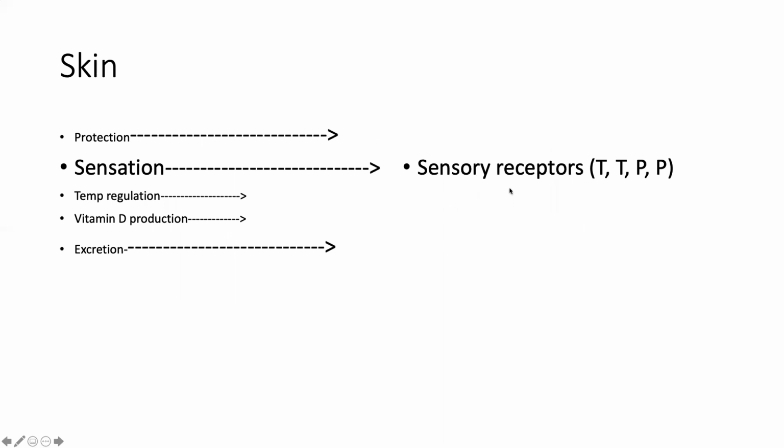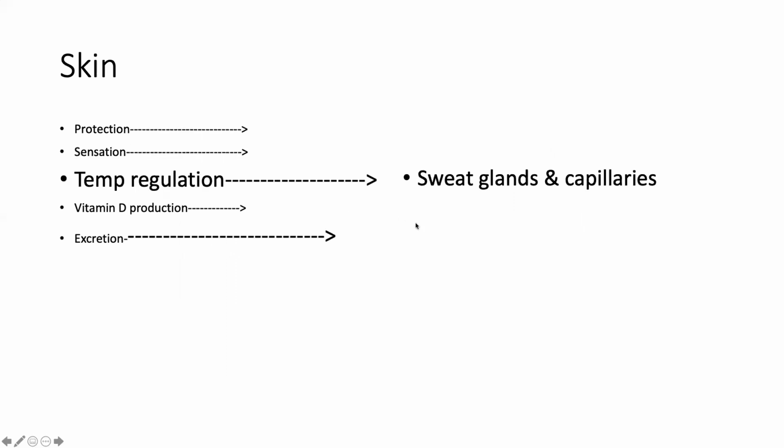The skin has sensory receptors such as touch, temperature, pain, and pressure, and therefore the skin functions as a sensory organ. Skin also includes sweat glands and capillaries, and therefore it is useful for temperature regulation.